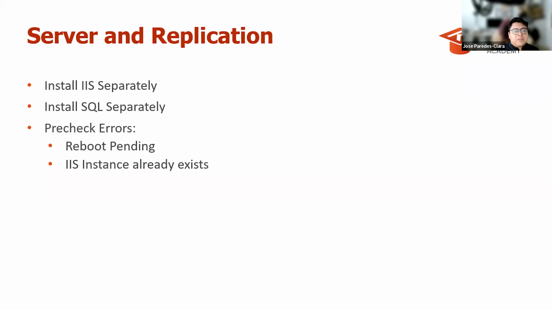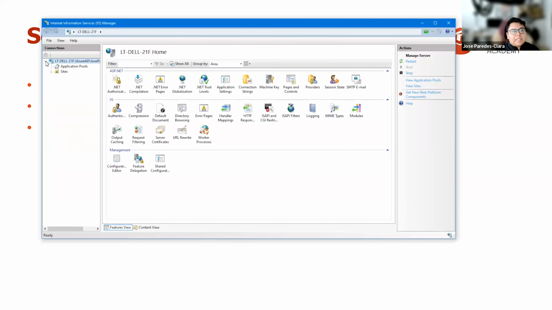The other error that you'll get is IIS instance already exists. What ends up happening with this one specifically, if you're doing an upgrade already, is that IIS creates a shortcut. So this is my environment here. It creates a shortcut for the Autodesk data management portion, and you'll see that it is a shortcut.